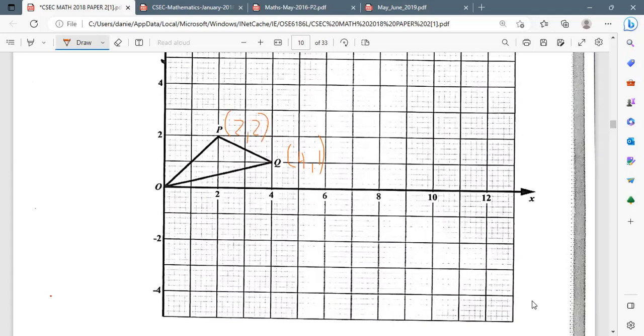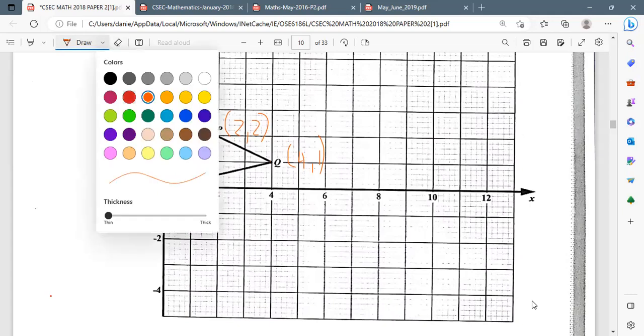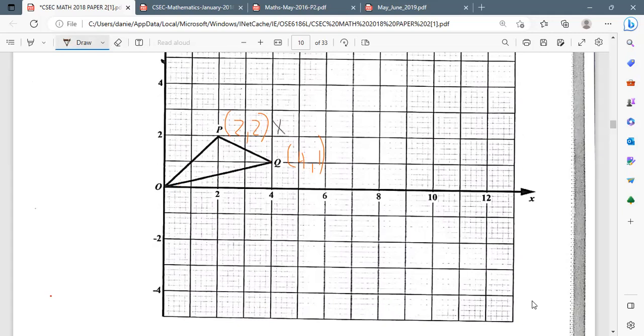And then Q is 4 and 1. You don't need to change the origin because they said it's centered there, and even if you multiply that by 3, you still get 0. So the scale factor is 3. Let's multiply by 3. So 4 times 3 is 12, and 1 times 3 is 3. So the new point will be right here.